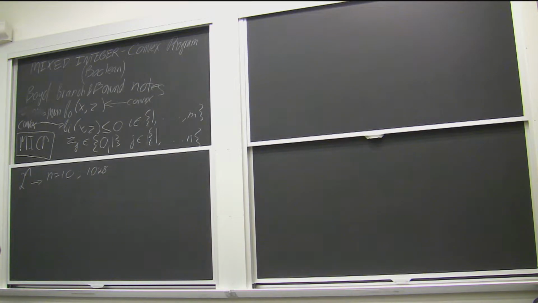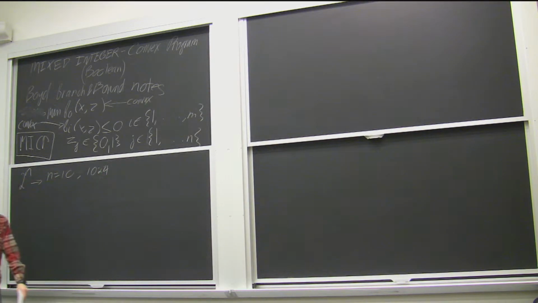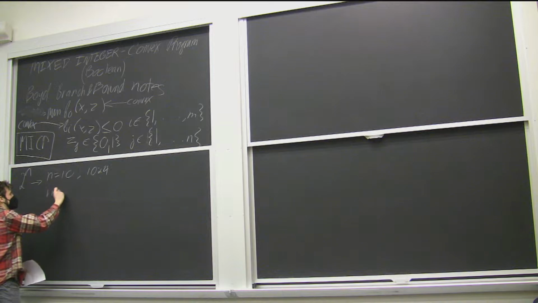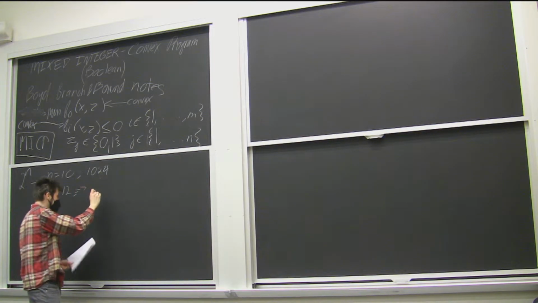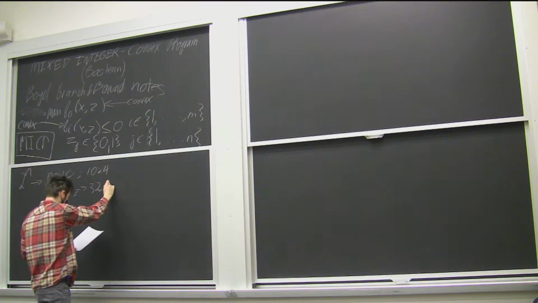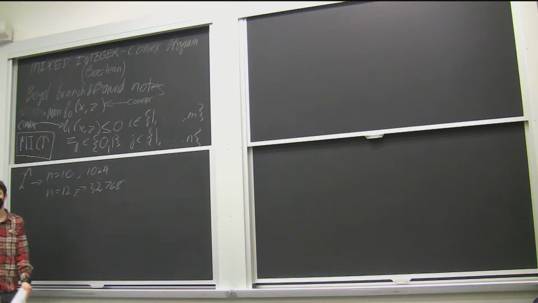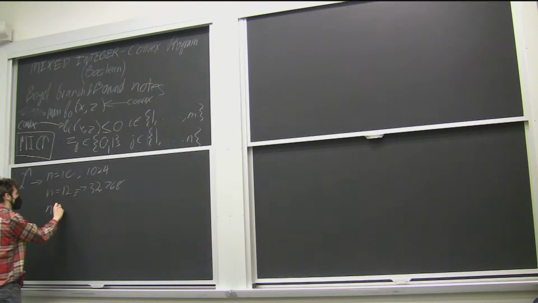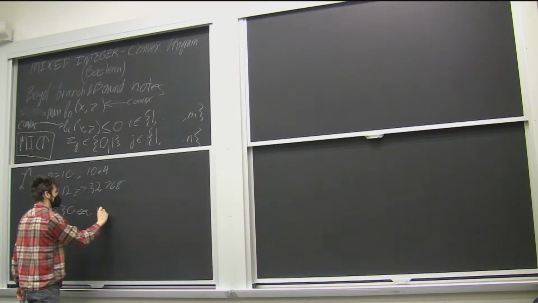If we're talking about linear programming, solving 1,024 linear programs, depending on the size, might be okay. Up to n equal to 12, this is already 32,768. That's not as good. N of 30 is about 1 times 10 to the 9.